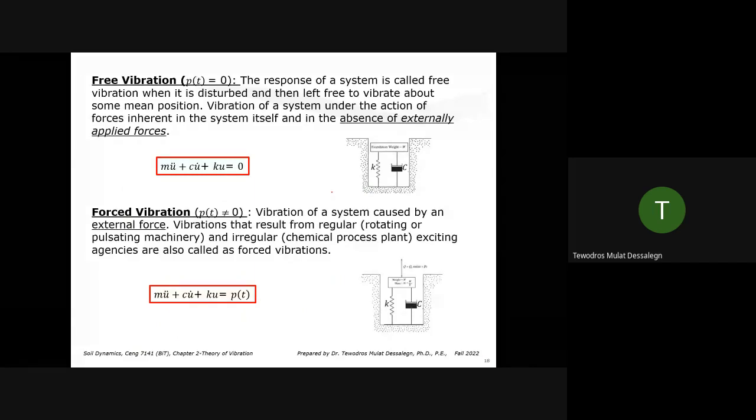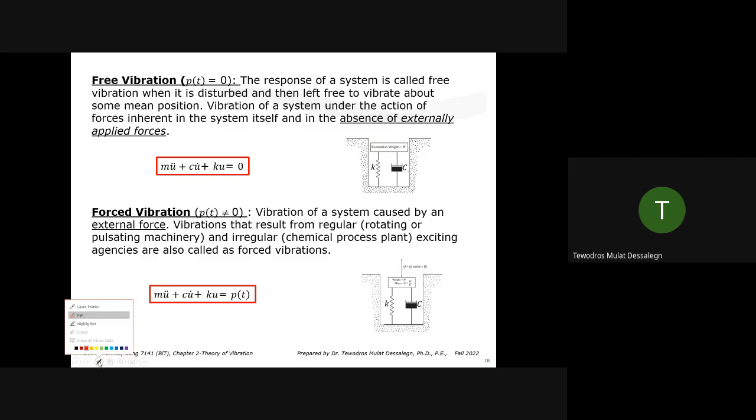So we have more terms, let's say free vibration. When we say free vibration, it means there is no continuous force acting on the system. Let's say you have a spring mass damper system, and you initially give it some kind of displacement and then release it.